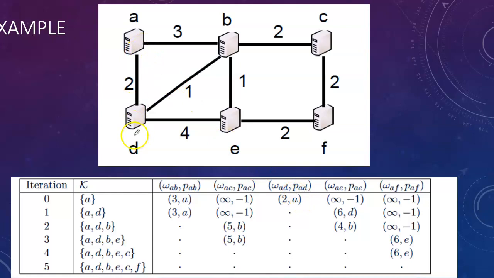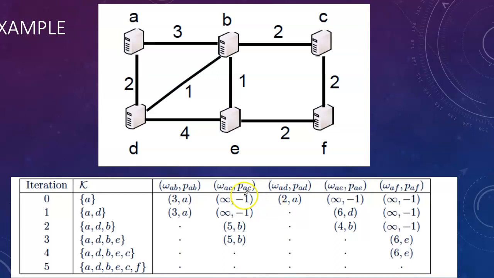Now between D and B, of course, D is going to be selected. So after the first iteration, D already has a cost that is fixed permanently.